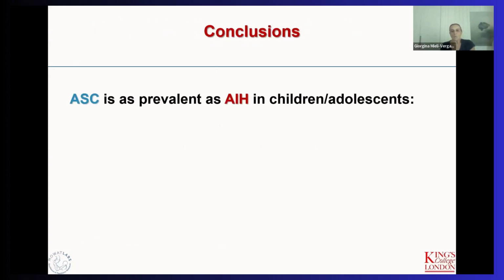So I hope I have convinced you that in the juvenile setting, but I also believe that these things are also true for the adults, autoimmune sclerosing cholangitis is as prevalent as autoimmune hepatitis, at least in children and adolescents. However, if you don't do a cholangiography, you don't diagnose it. So cholangiography is needed for the diagnosis as soon as possible after presentation.